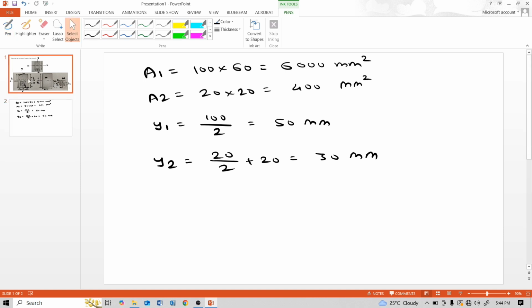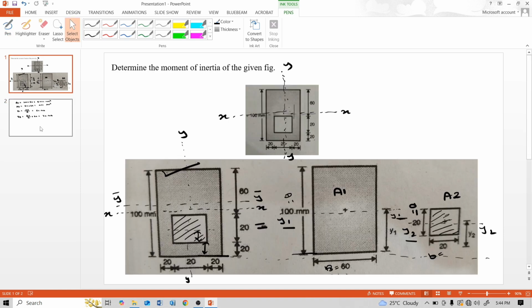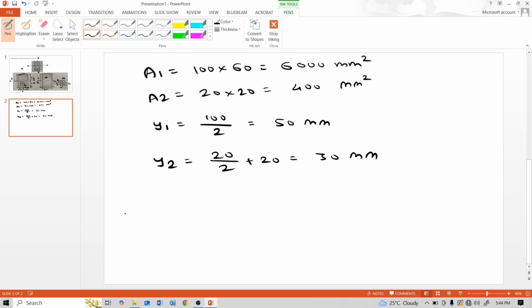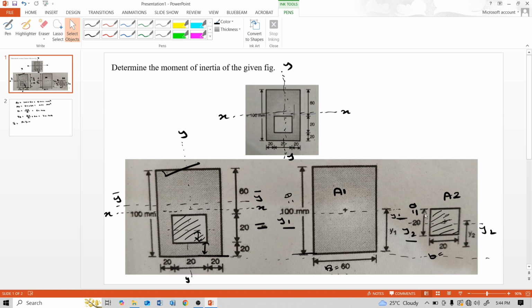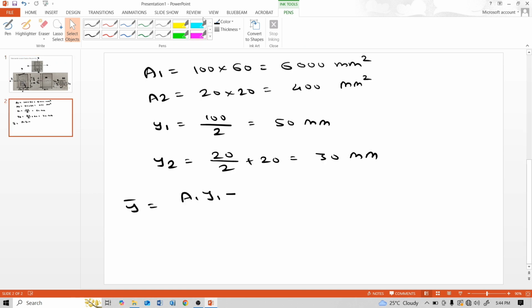To calculate the original section's neutral axis, y bar is equal to a1 y1 minus a2 y2 upon a1 minus a2. It is minus because this is the hollow part, that means we remove this part, and the area is also a1 minus a2.